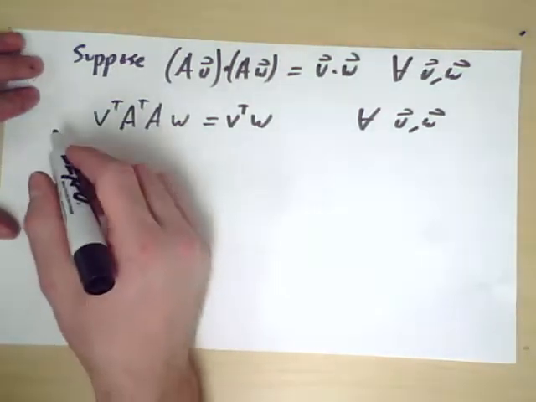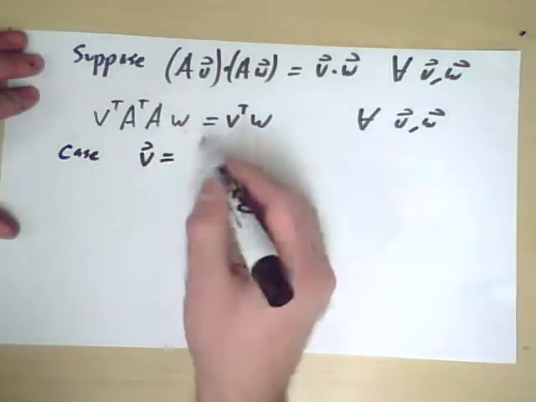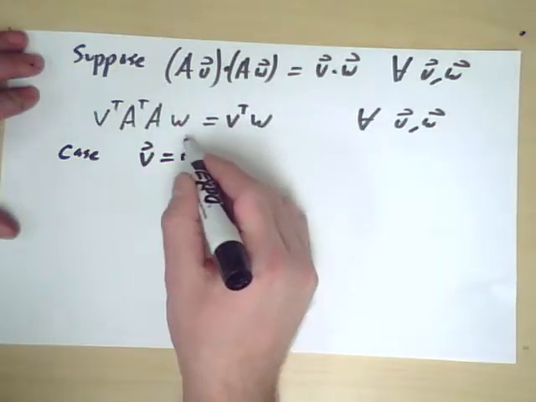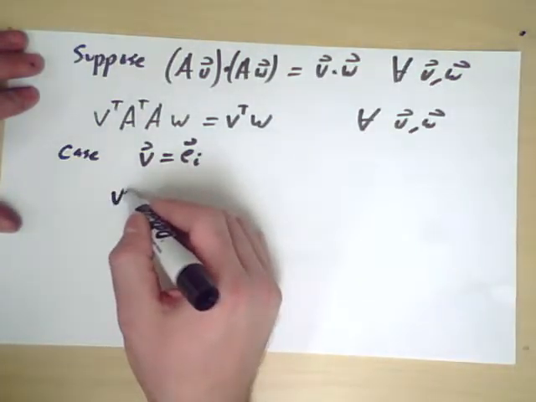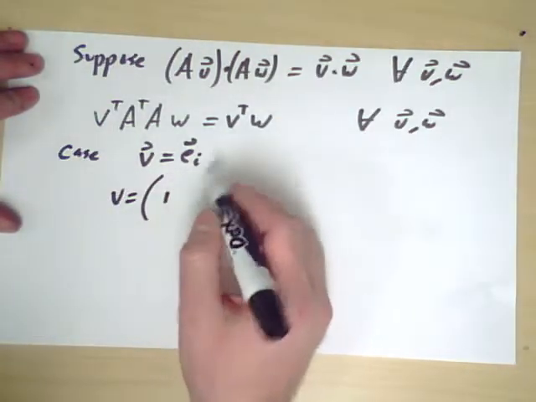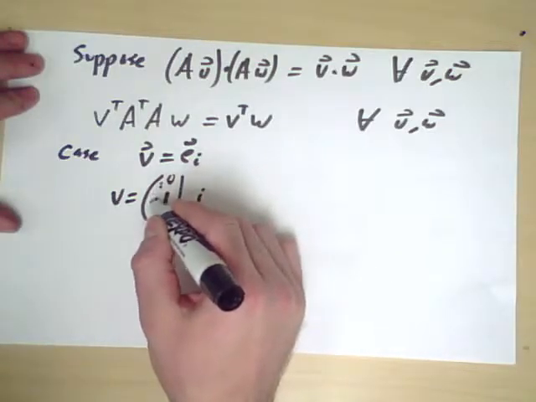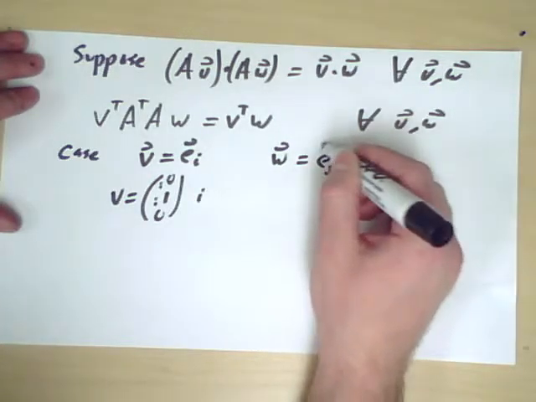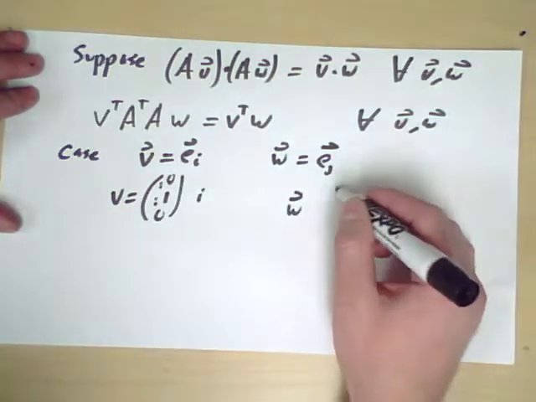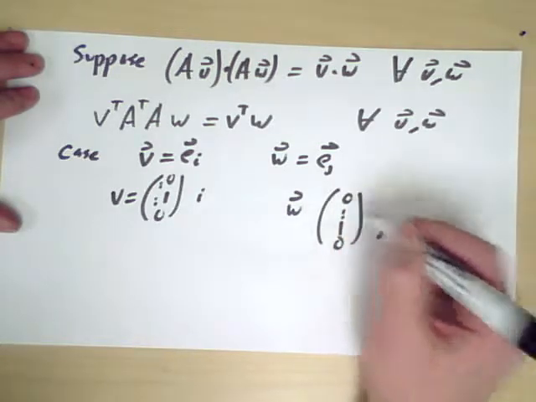To see this more explicitly, consider the case where V is the ith basis vector. In other words, the column vector V has a 1 in the ith spot and zeros elsewhere, and where W is EJ. So W has a 1 in the jth spot and zeros elsewhere.